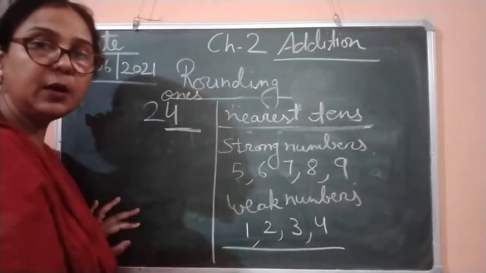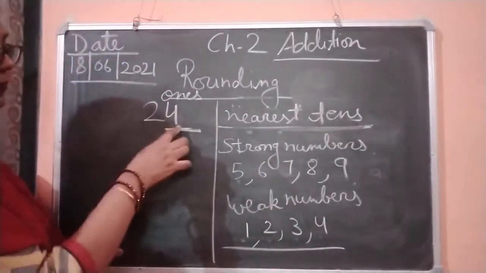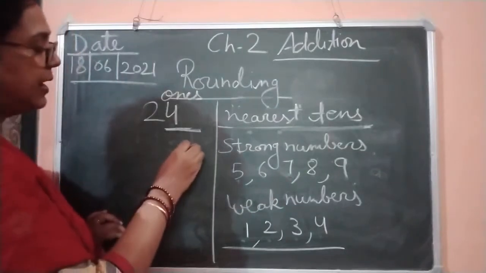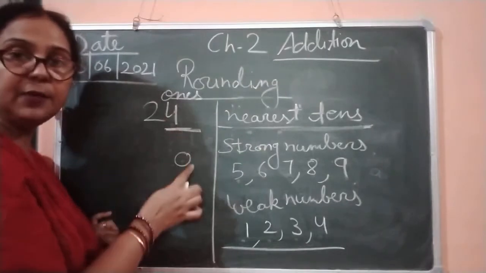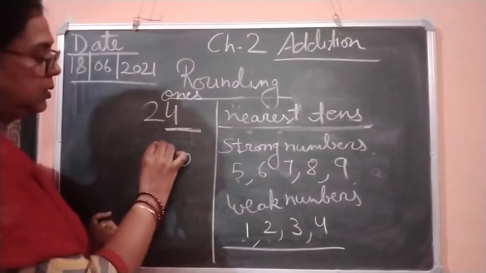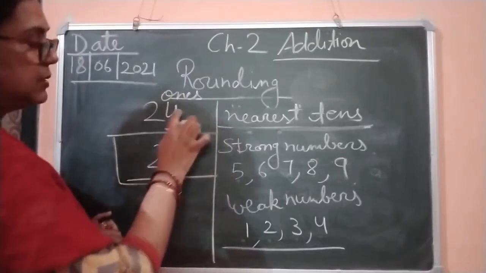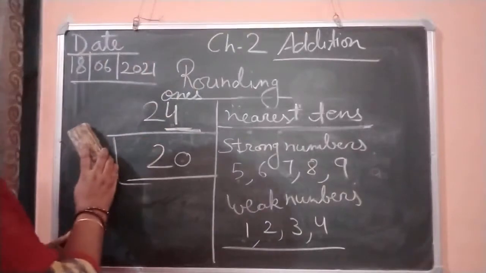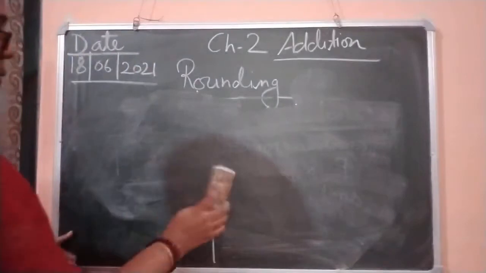Weak numbers are 1, 2, 3, 4. Here 4 is a small number, a weak number. That is why we will write 0 in the place of 4, because this is at the ones column. And what is remaining over here? 2. So 20 is the rounded value of 24.